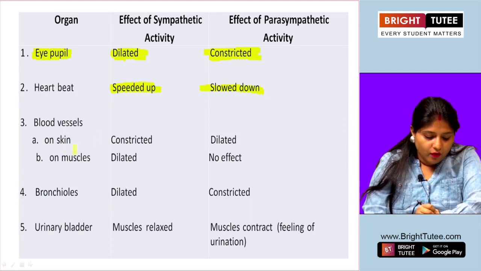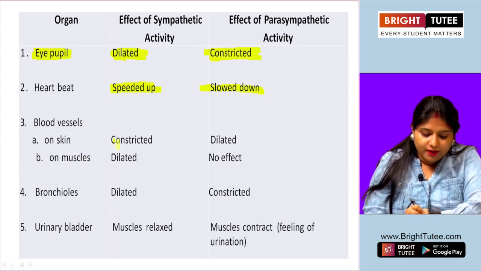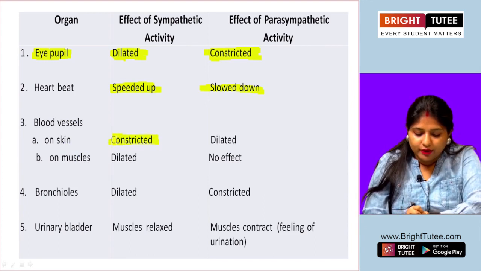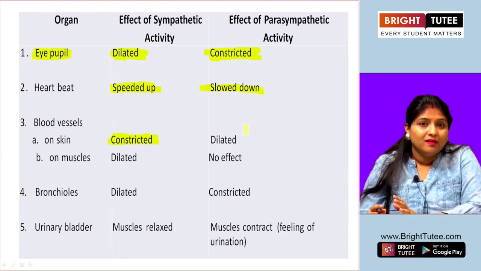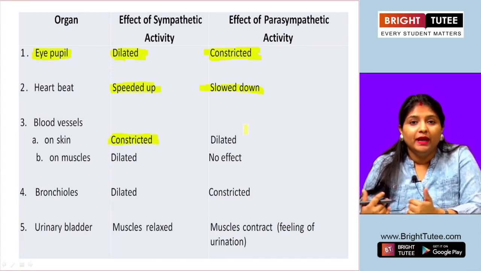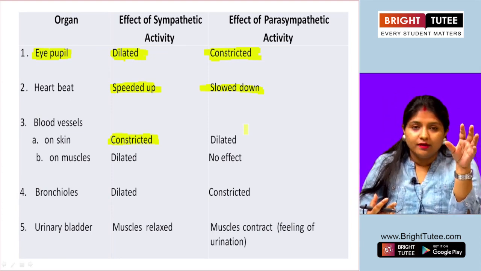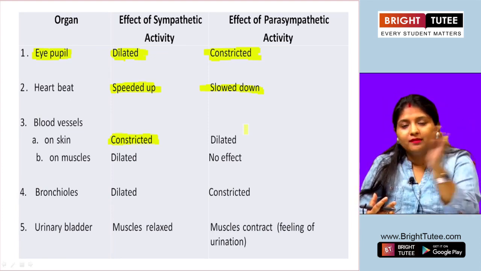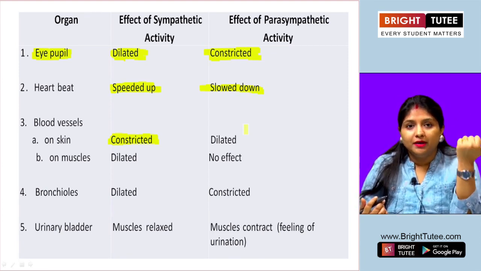Then blood vessels on the skin and on the muscles. Both of these are different. On the skin, blood vessels get constricted, and the reason is, when a person is under the fear of something, when he or she is scared, you will feel that the person is going pale, right? The reason is that the blood supply is restricted towards the skin, and more blood supply is sent towards the muscle, so that certain activity can be done.